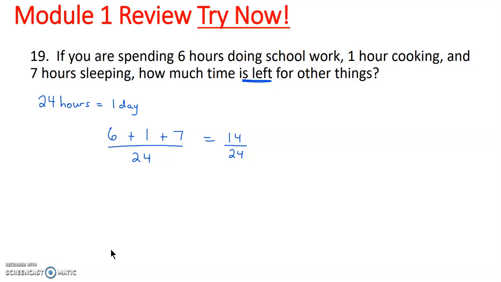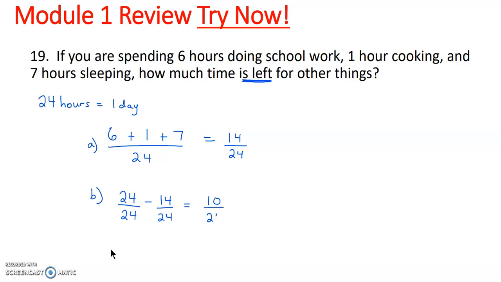The question's asking how much time is left. So then, I'm going to put that as part A. Part B is, well, if the day is 24 hours, so that would be 24 over 24, a full day, minus the hours I'm doing that stuff, I'm going to be left with 24 minus 14, which is 10 hours left.